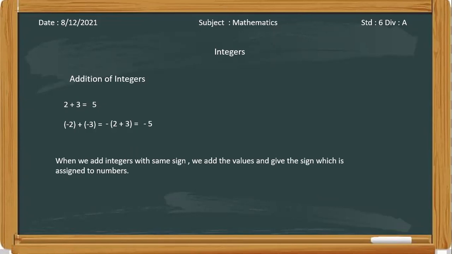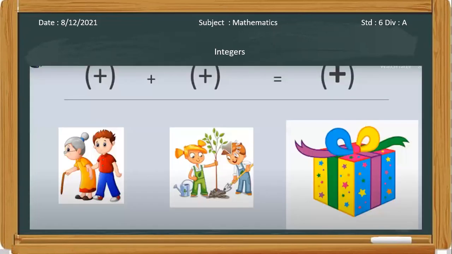We will see it in a more pictorial way for you to understand. See, this is the picture. There is a boy who is doing two positive works. What is he doing? He is helping an old woman to cross the road, and he is planting a tree, right? He's doing positive work, so the result of two positive works is going to be a positive result.